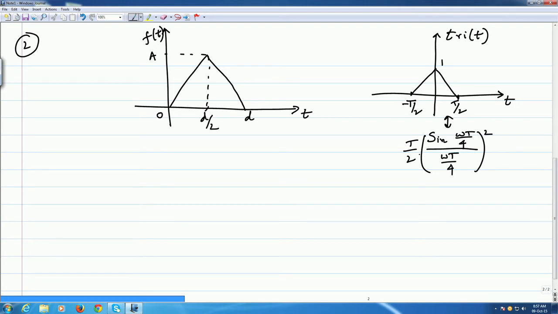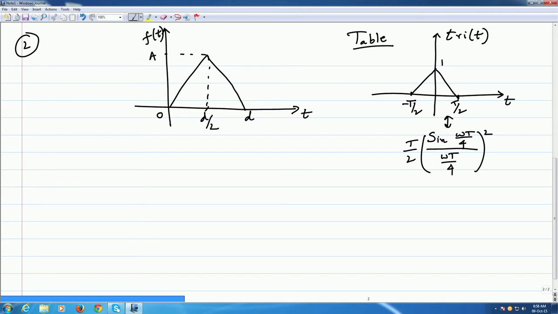So I think that's going to be the Fourier transform of this. This is from the table, let us say. One can also derive this without too much confusion, but let's just keep it as the answer from the table.